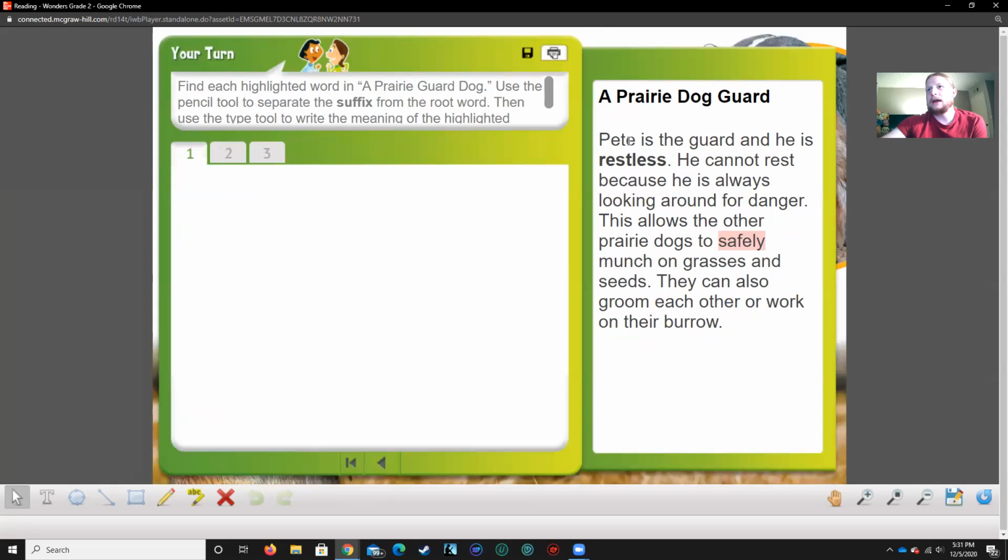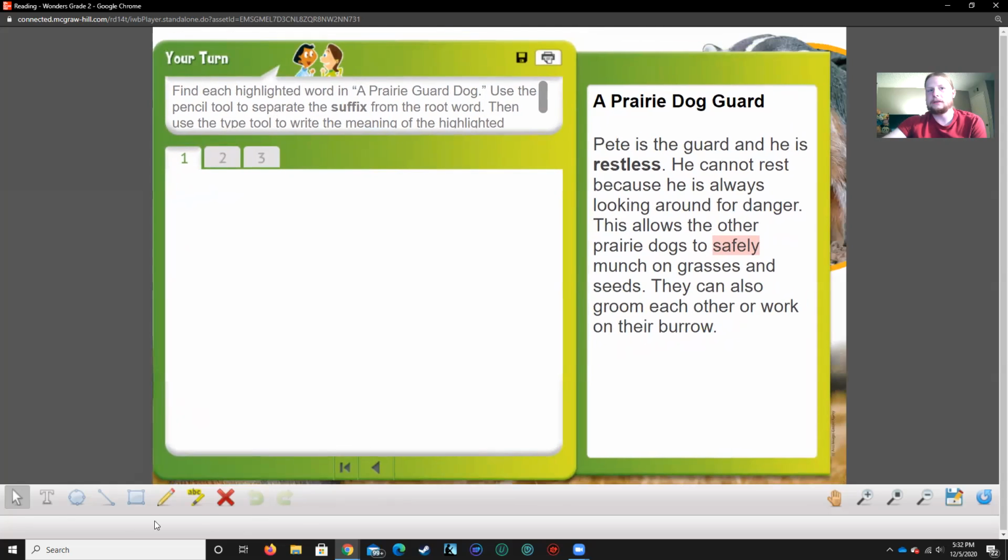All right, so now what we're going to do is we're going to look at this next word. Pete is the guard and he is restless. He cannot rest because he is always looking around for danger. This allows the other prairie dogs to safely munch on grasses and seeds. They can also groom each other or work on their burrow. So our word over here is safely.